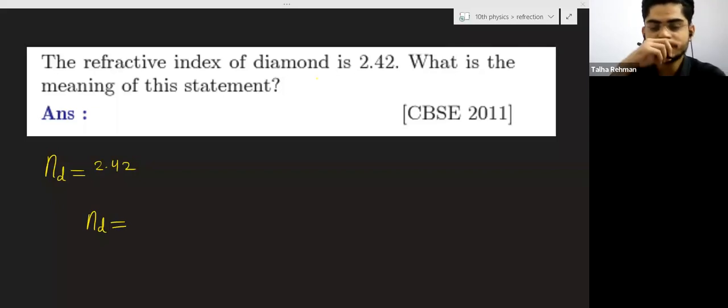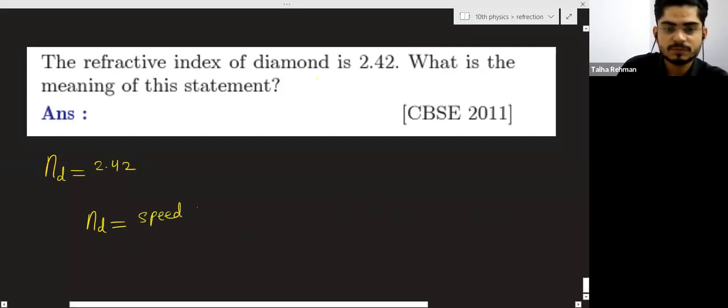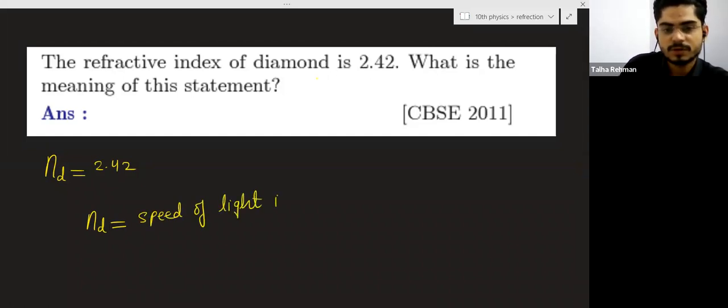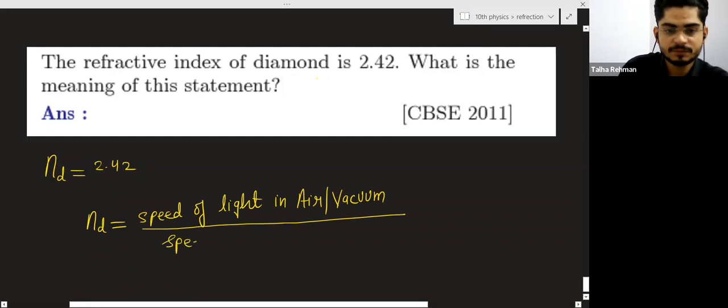Calculating the refractive index of any medium, you will write speed of light in air or vacuum divided by speed of light in diamond.